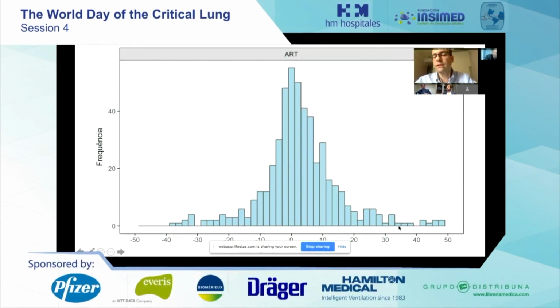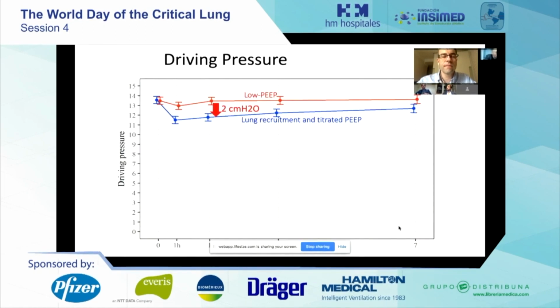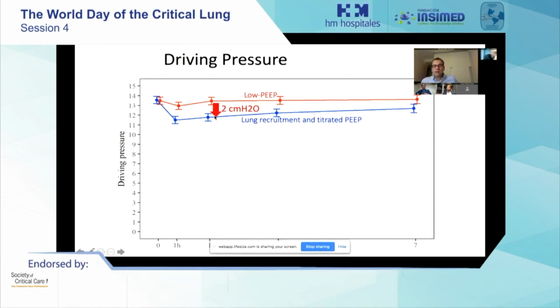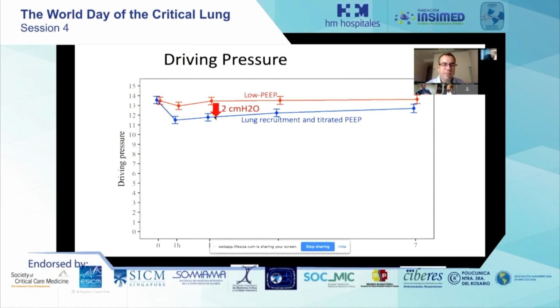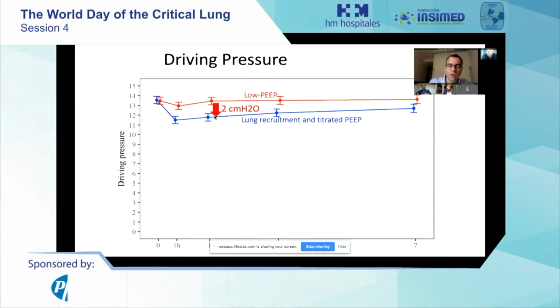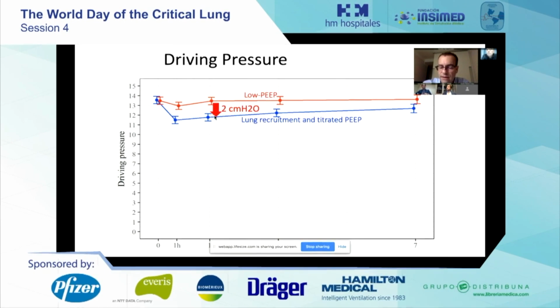Some patients recruited and had nice improvements in compliance, but on average it was small, and it was reflected in a very small decrease in driving pressure. That is, we aimed to decrease driving pressure after the recruitment maneuver and offer protection against VILI by this mechanism, but in fact the decrease in driving pressure was too low, and perhaps the price that the patients paid during the maneuver was higher than the benefit.